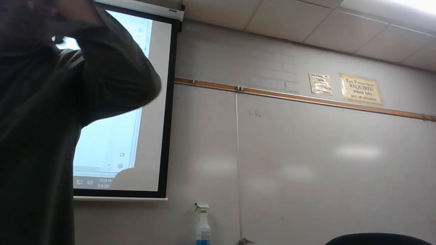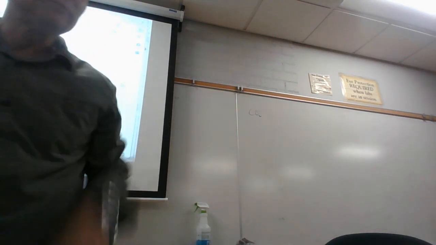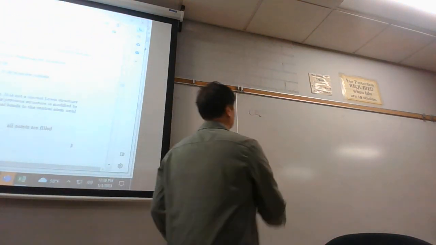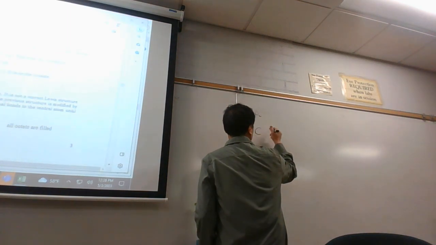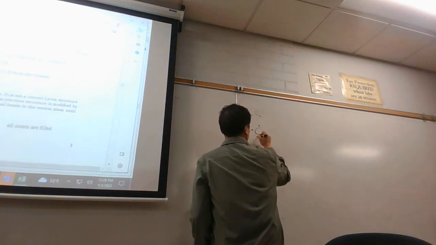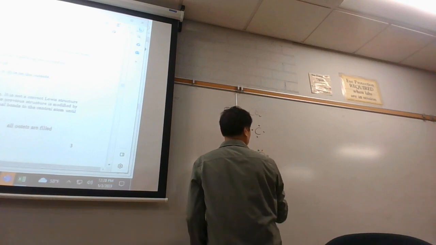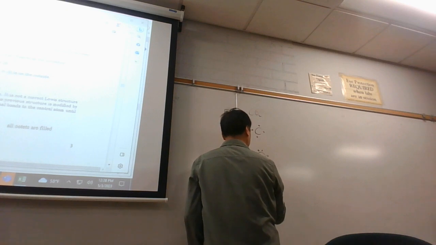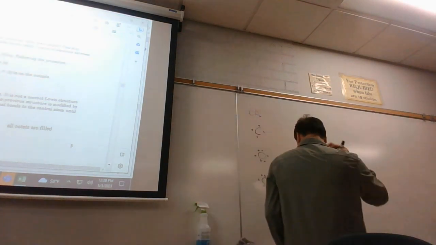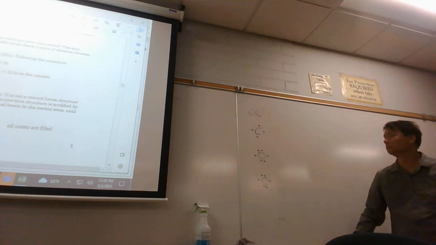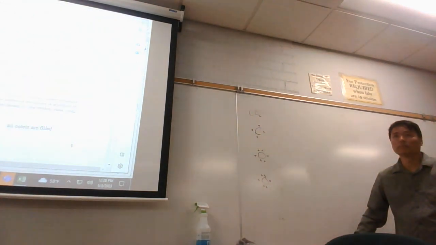Even for our final, we never used wedges or dashes to really show the structure. We had to do it all 2D. That's crazy. So you never learned that you could write it that way. How did you learn how bonding was?